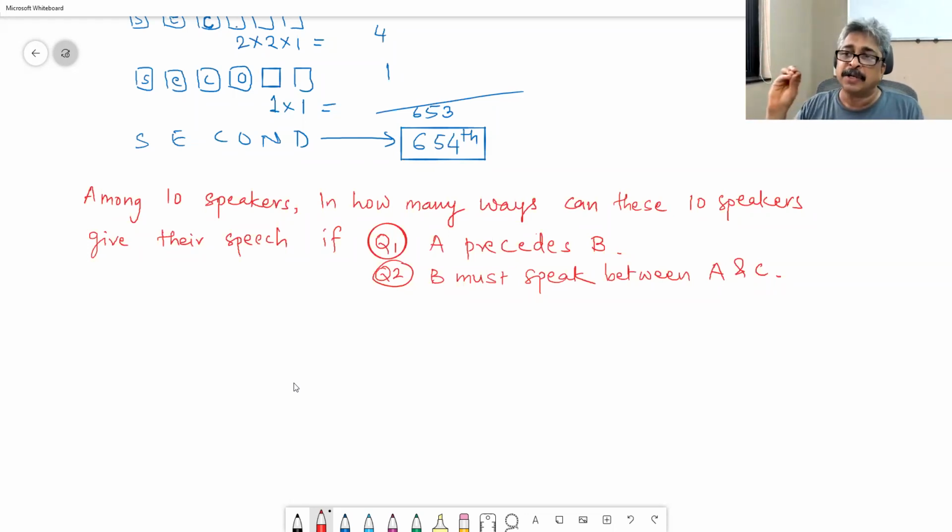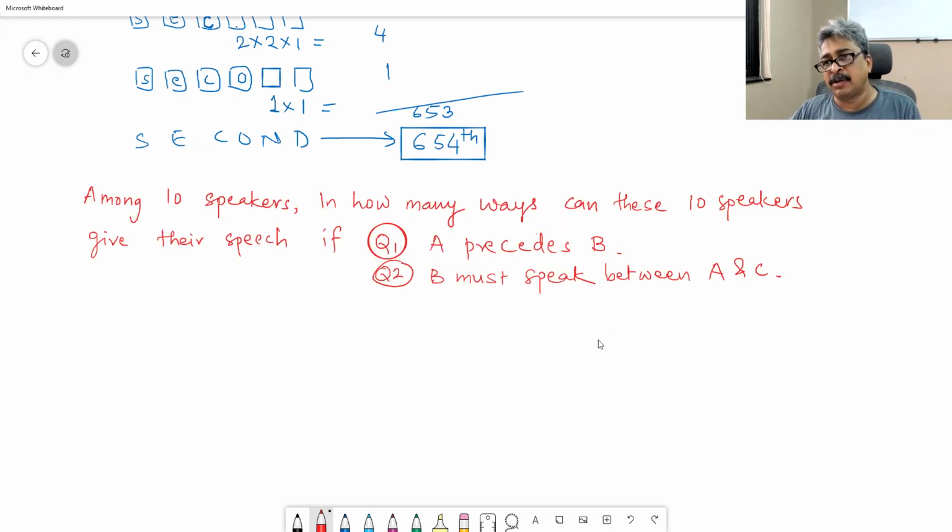Then suppose A does not speak first, B also does not speak first, somebody else speaks first, and then A speaks second. Then in how many ways can we do it? You can find out, add to that. A speaks third, then in how many ways can you do it? Add to that. That is one way of solving, a little longer.